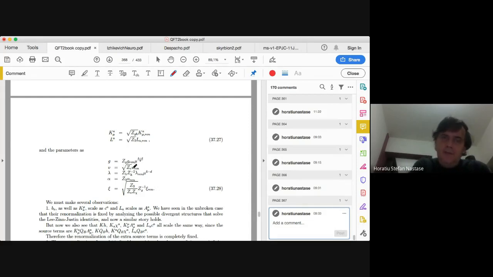Then the VEV v is renormalized with square root Z_v, square root because it appears quadratically in the action.